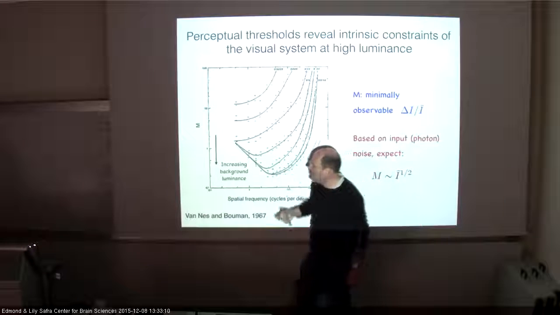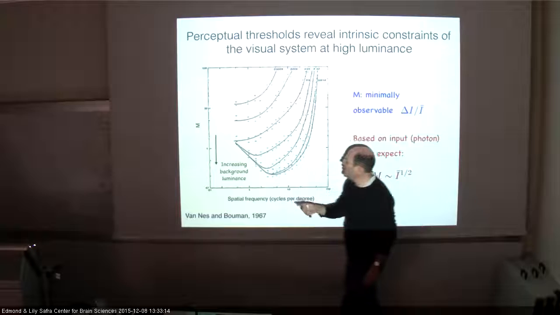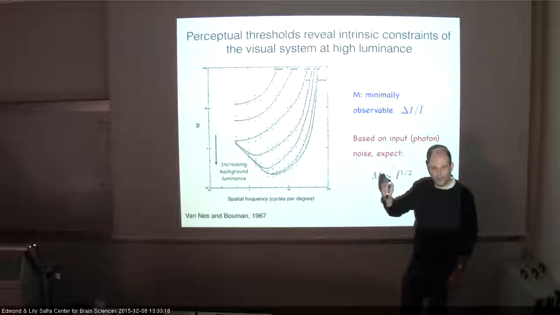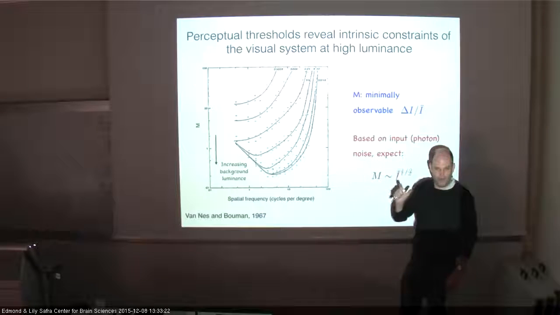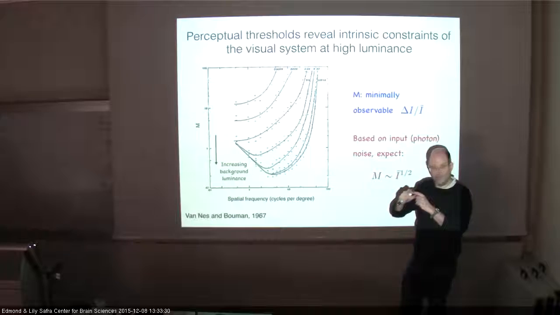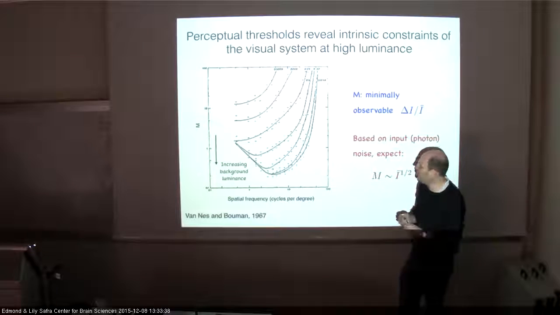But that exactly matches what I discussed over there. Because if we have a light intensity which has increased by a factor of 100, then the noise has increased by a factor of 10. The amplitude of the noise has increased by a factor of 10. So to be able to observe some object above the noise, it's enough if the object's intensity has increased by a factor of 10, and therefore its relative intensity relative to the stimulus has improved by a factor of 10. Okay?